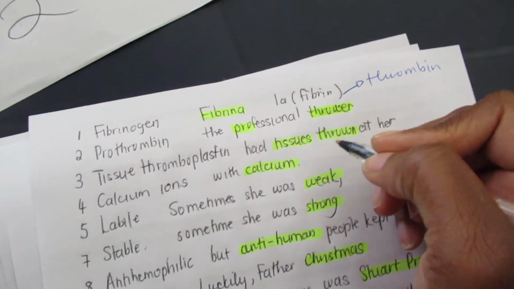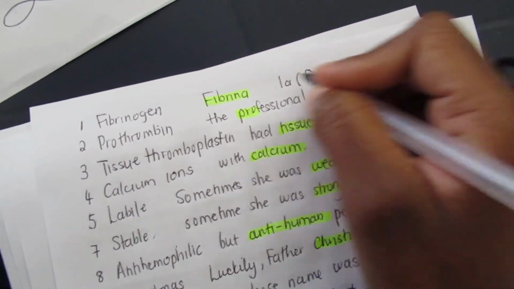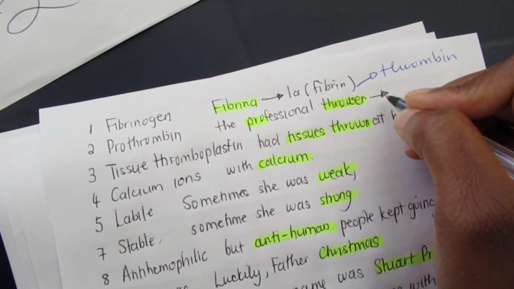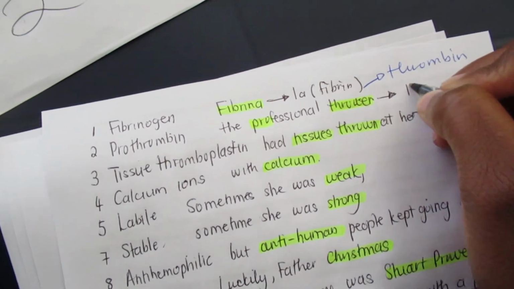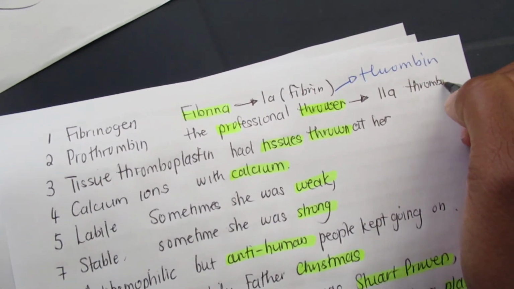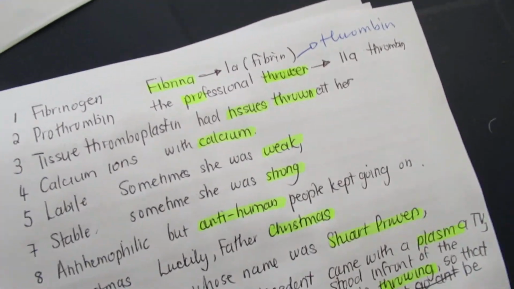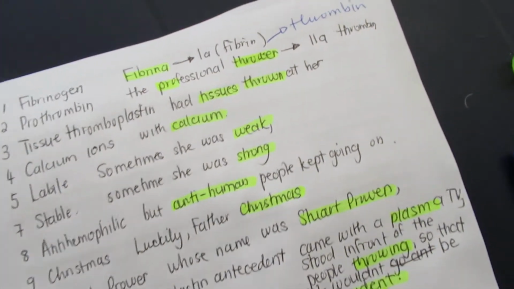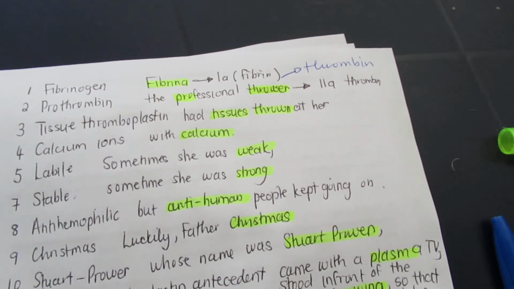And then prothrombin, if that becomes activated, will become thrombin, which is 2A. So it goes on like that, but not all of them have names that you need to remember. These are basically the 2 active ones whose names you need to remember, okay?